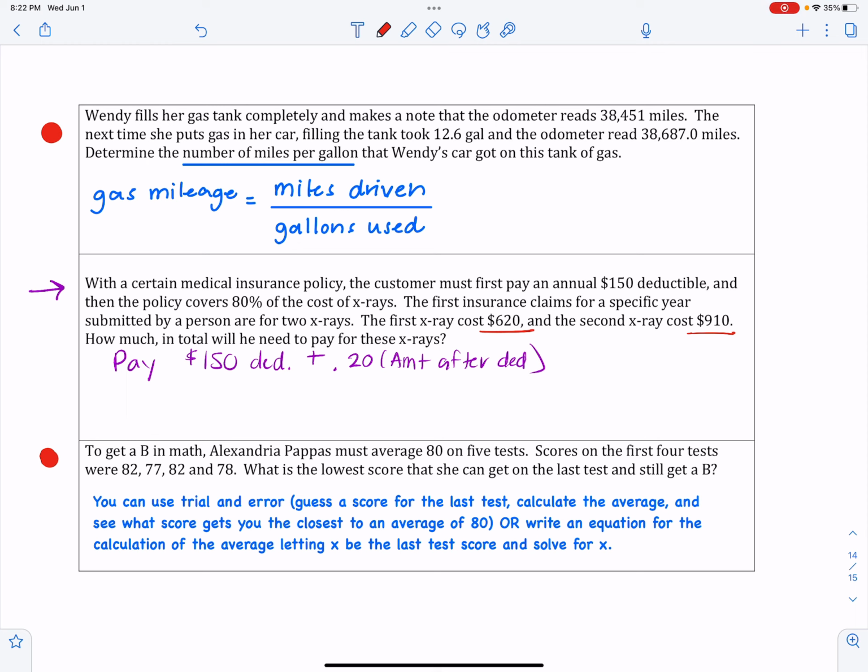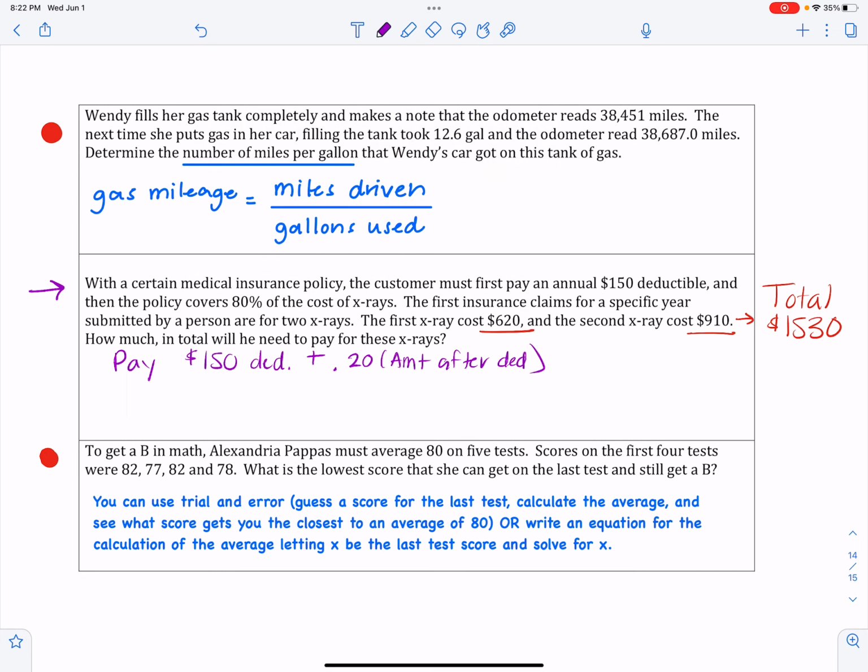Or a total cost of $1,530. All right, so I'm just going to write this off to the side. Total cost, $1,530.